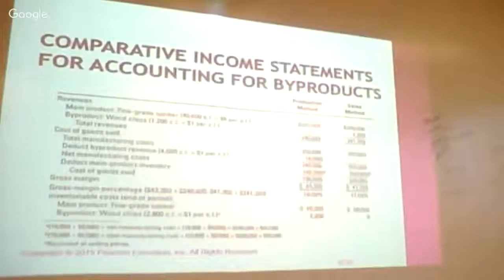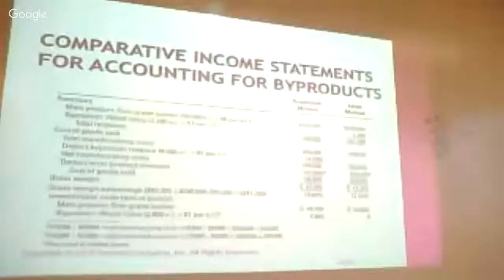Let me think about that and get back to you on that one. Because we backed out the full 4,000. Then we pick up the 2,800 at the bottom in our inventory. But it looks like we're accounting for it twice.